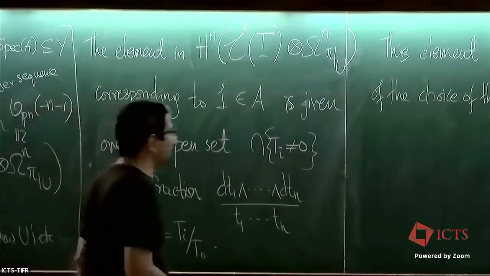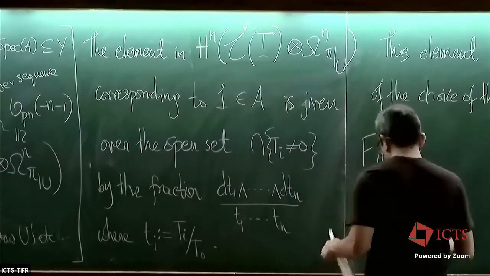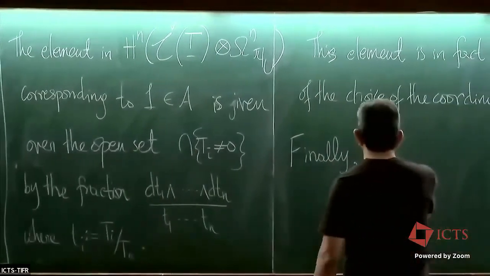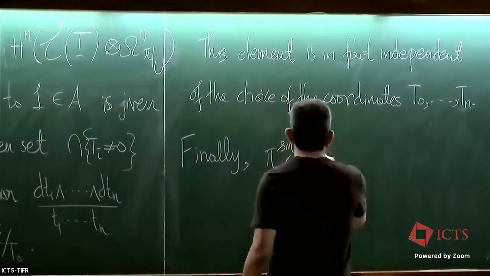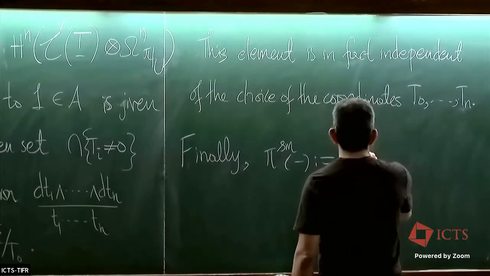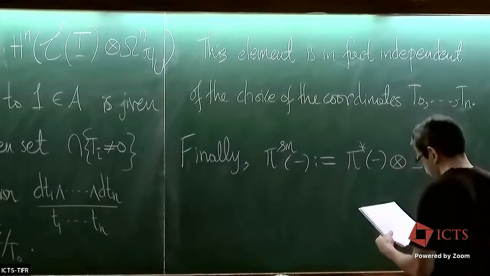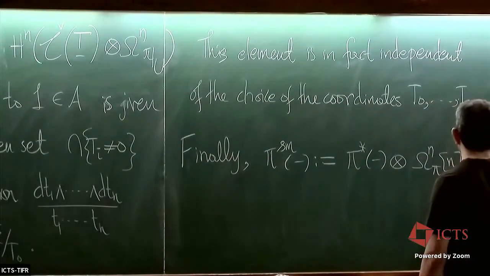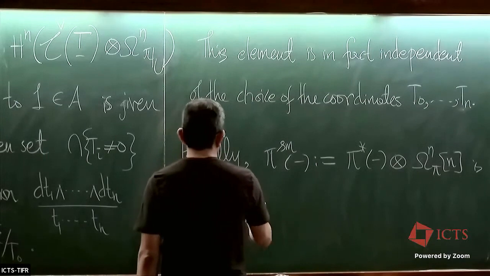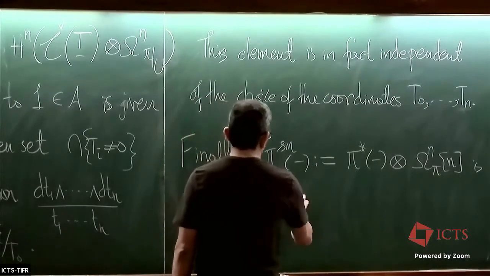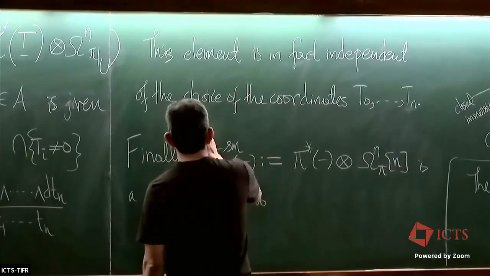And finally, if you look at the functor pi-smooth, which is given by pi upper star tensored with omega_pi^n, shifted by n, this is a right adjoint. This is again not completely obvious and needs a proof, but I'll just say one checks that.